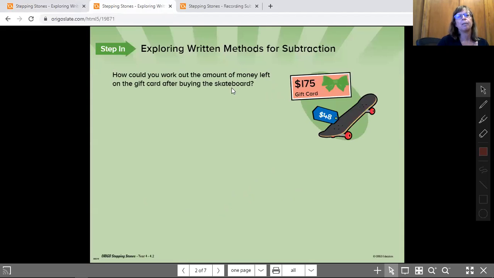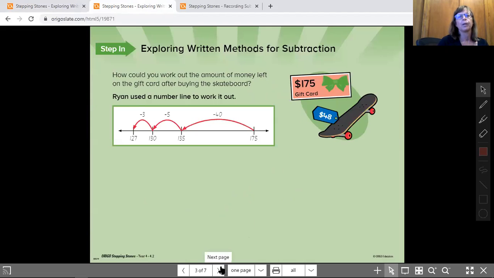How could you work out the amount of money left on the gift card after buying the skateboard? The gift card is for $175 and the skateboard is for $48. So our first step would be thinking of our number line, going back by 40. There's our jump of 40 because we've got a 4 in our tens position.